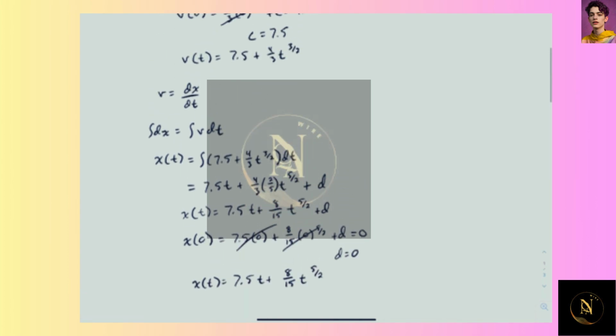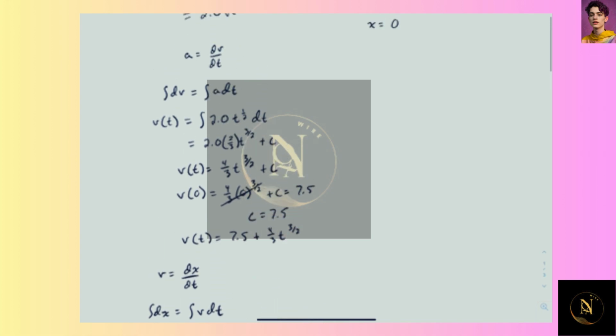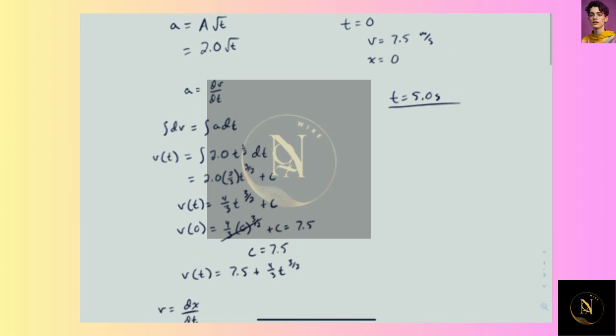Now we want to know all three of these, our position, velocity, and acceleration at time t equals 5. So I'll just go through all these functions. Our a is going to be 2 times square root of 5, and that gives us about 4.5 meters per second squared.